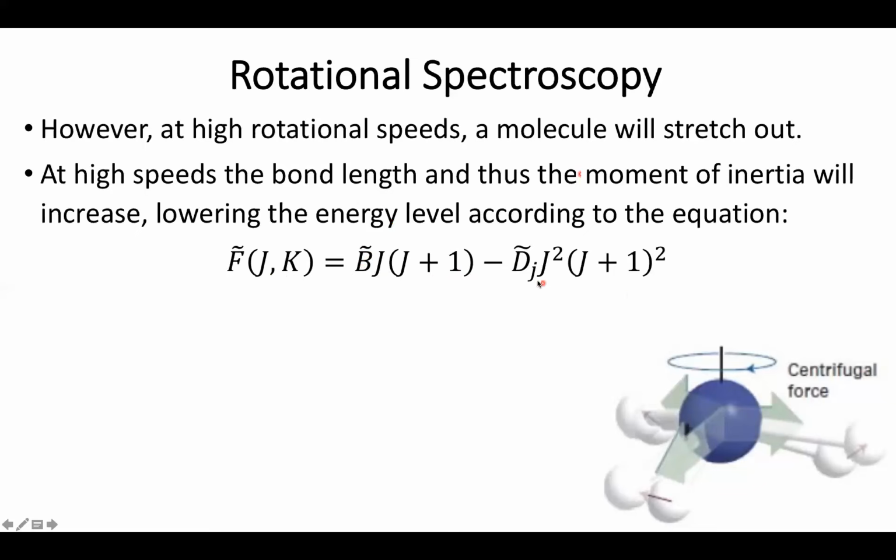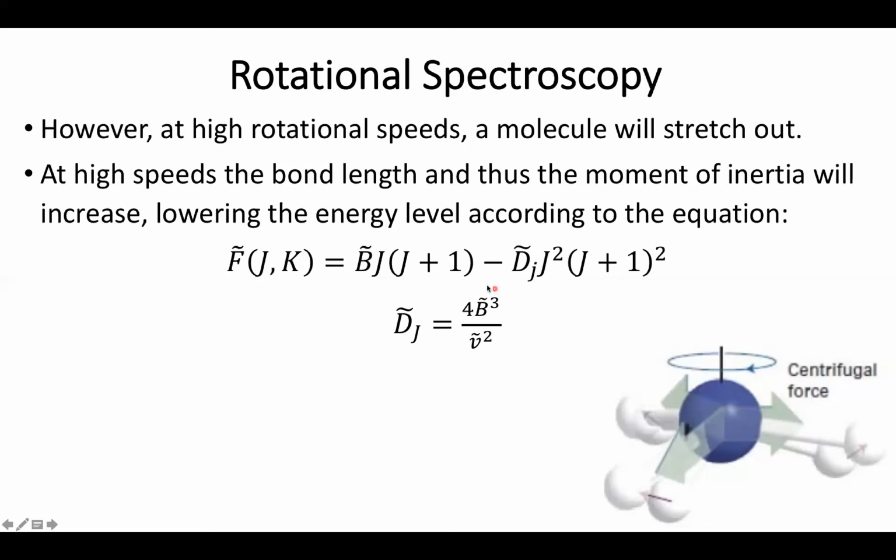And the dampening factor is mostly going to be focused in on this D sub J, which is going to be a centrifugal force constant. So this is going to more or less focus in on how readily those bonds will end up stretching out.